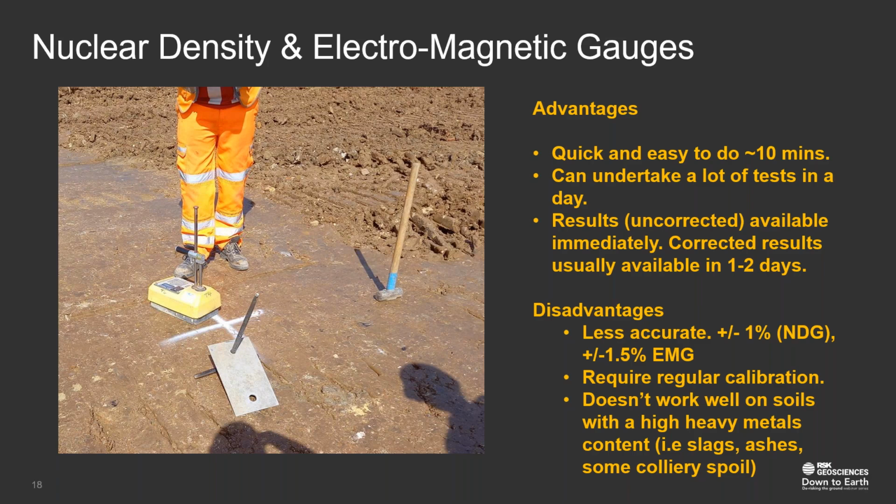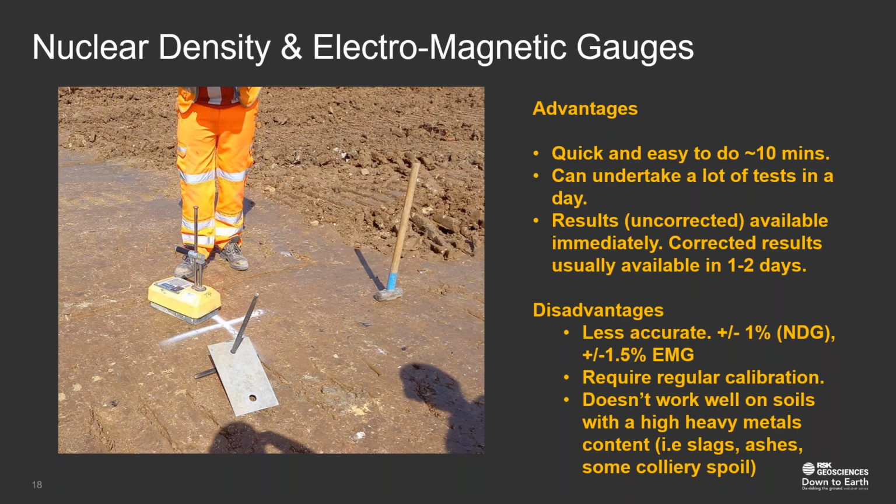A lot of work is involved with doing that. Labs don't particularly like doing that form of calibration, or it requires a sand replacement density or core cutter test to be taken at the time that the nuclear density gauge or electromagnetic gauge result is taken. That's sent back to the lab and the results are compared to check that they're within a reasonable tolerance.